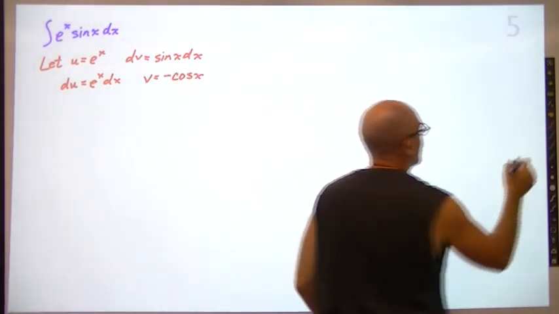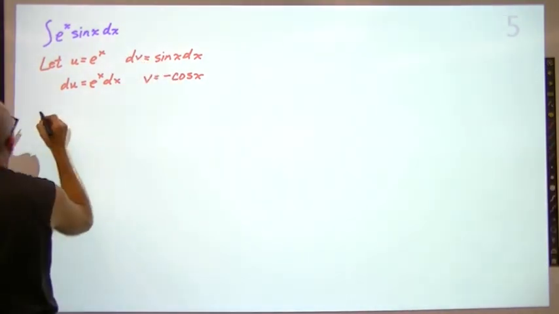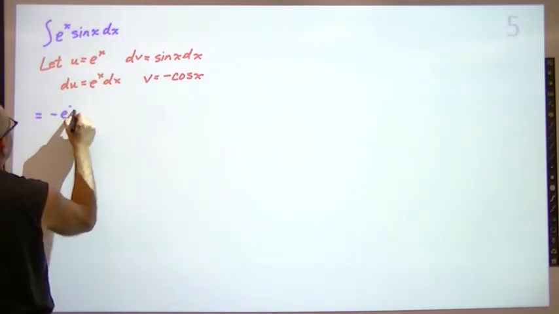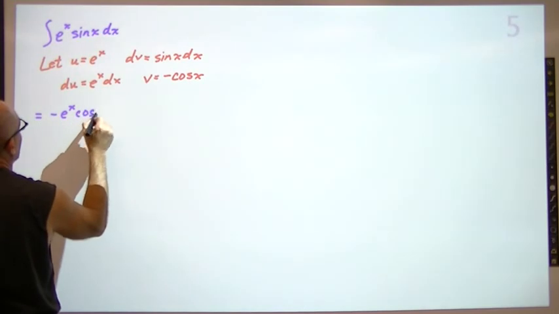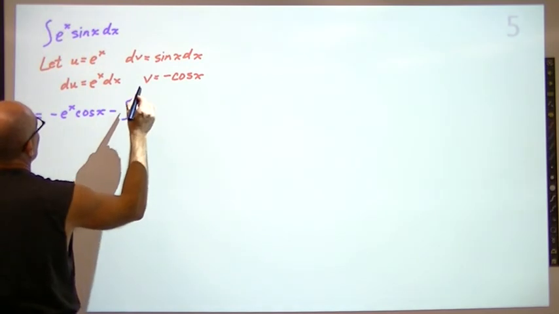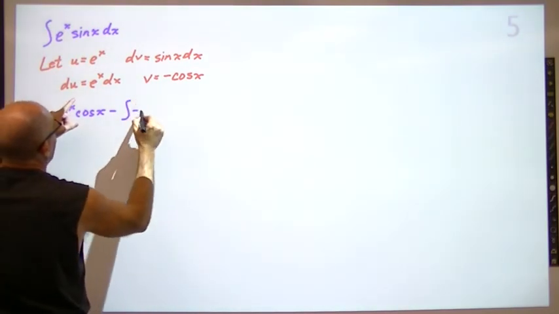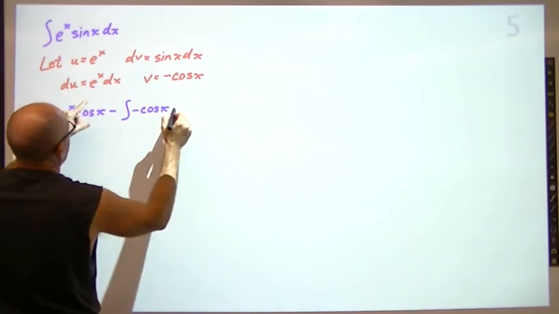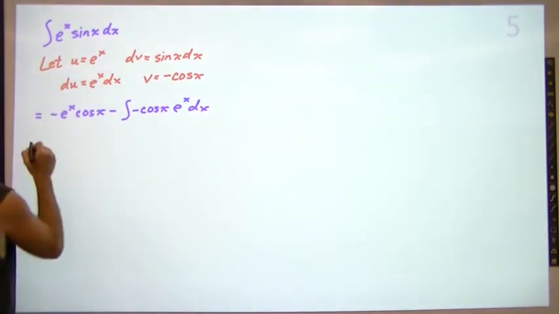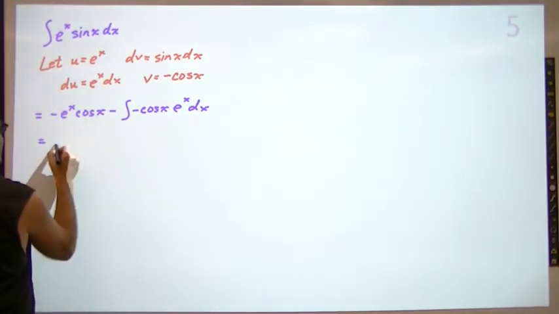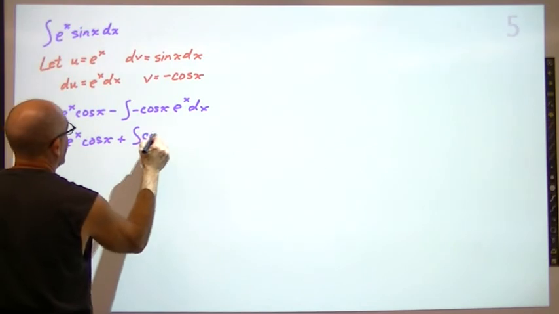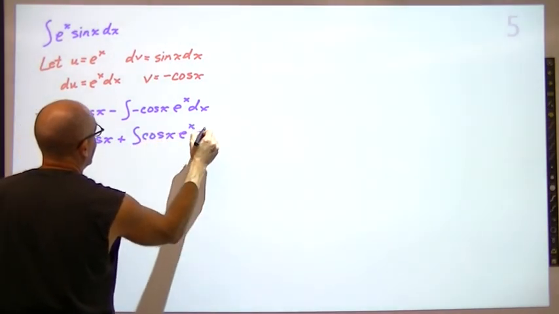So now, my integral becomes uv, so negative e to the x cosine x, minus the integral of v du, which is negative cosine x e to the x dx. All right, now let's just clean this up a little bit. So we have negative e to the x cosine x plus integral of cosine x e to the x dx.